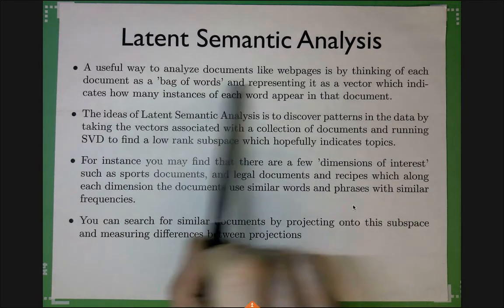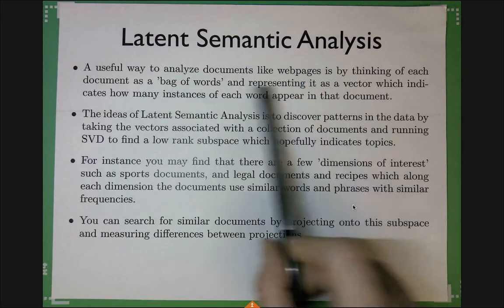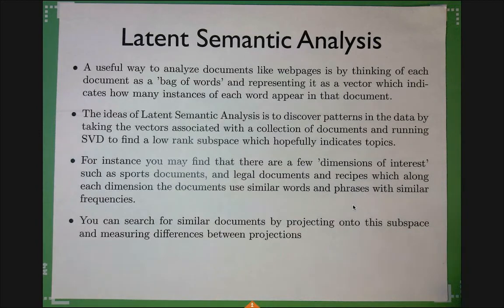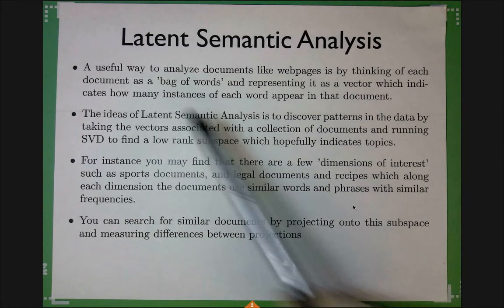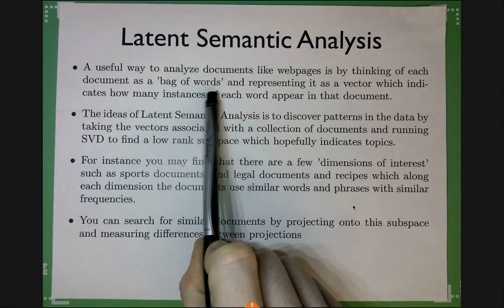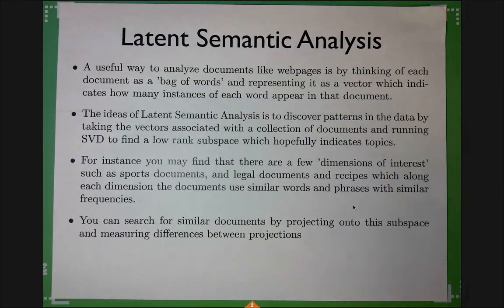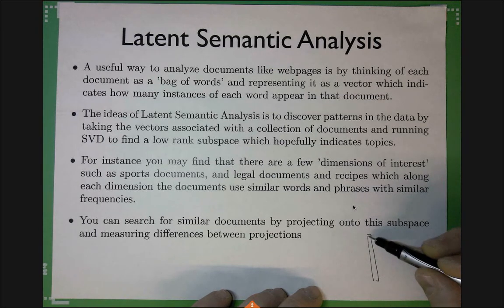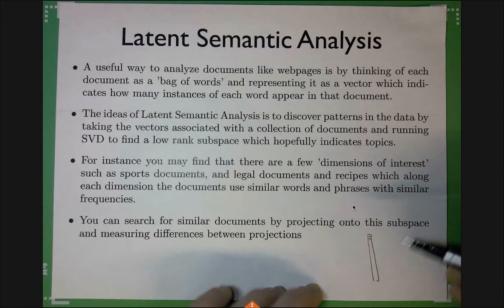And we consider every web page as a bag of words. So we have some dictionary, a dictionary of all English words. And we just represent every site by the number of words it has. So how many instances of each word we have in the document. So there's word 1, then word 2, word 3 and so on.